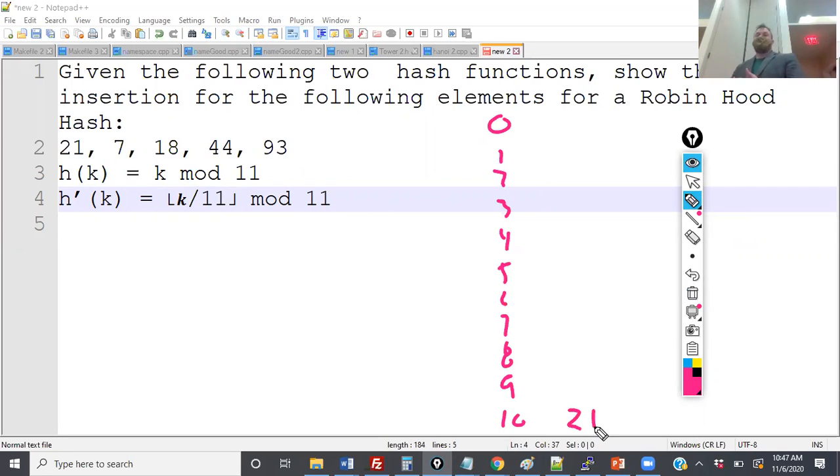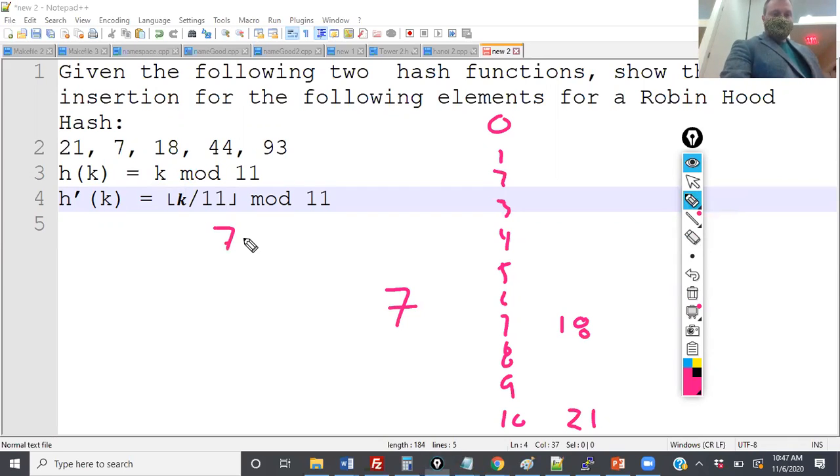Then we're going to do 7 mod 11, which is going to give us 7. Then we're going to get 18. So 18 mod 11 will be 7. So what we would do here is take 7 out. 7 will be our next value, and then we put 18 here. Then we're going to get 7 mod 11, right?